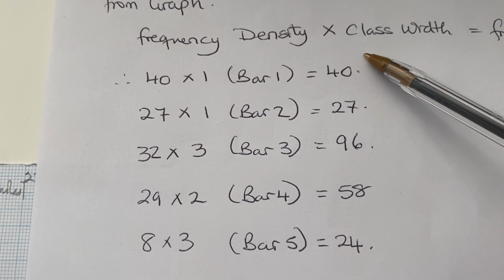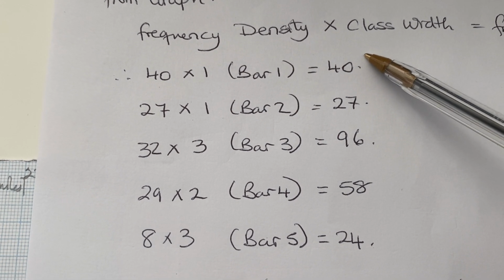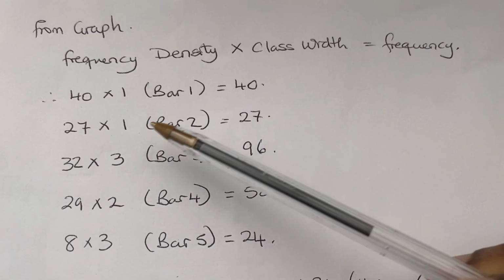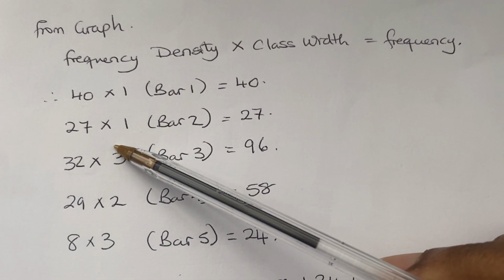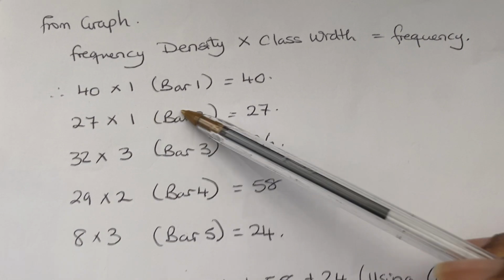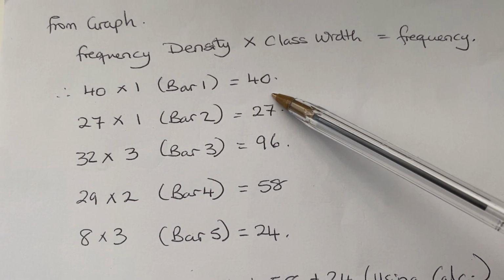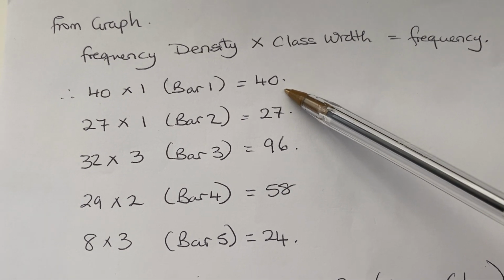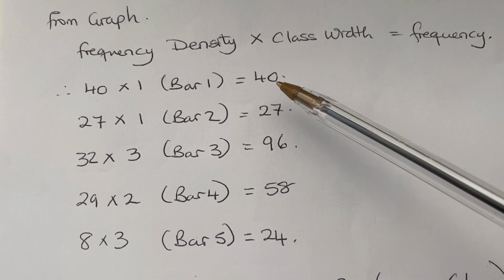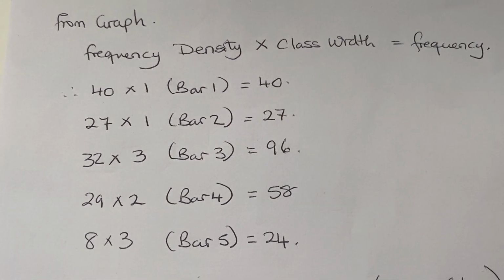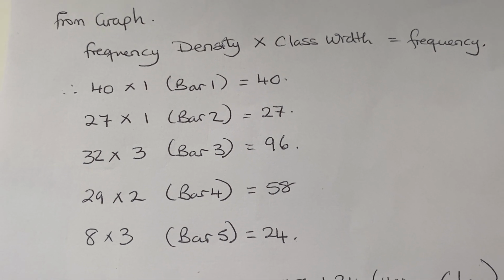So that would be 40 people that took it. The second bar, a frequency density of 27 times 1, 27.